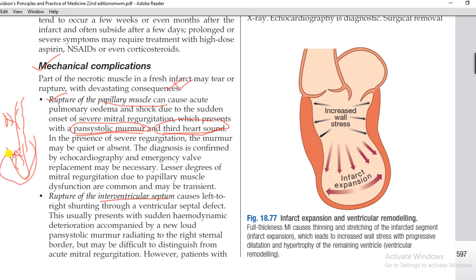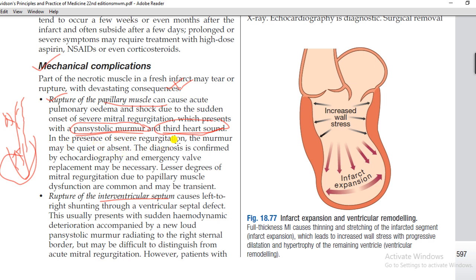So when there is mitral regurgitation or papillary muscle damage, there is a damaged valve, and the damaged valve causes accumulation of blood all around here, even during systole and diastole. So the accumulation of blood within this route might cause pulmonary edema.